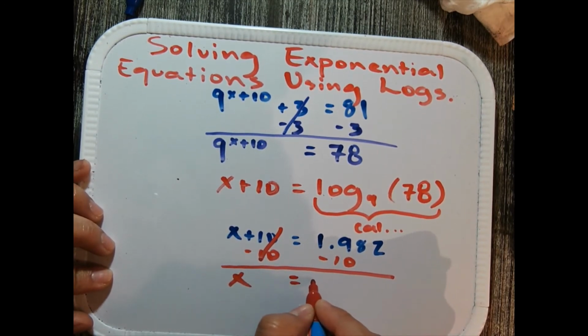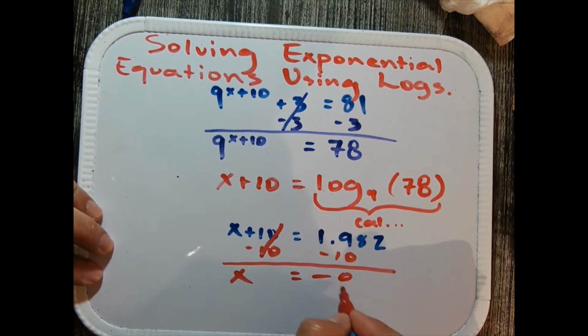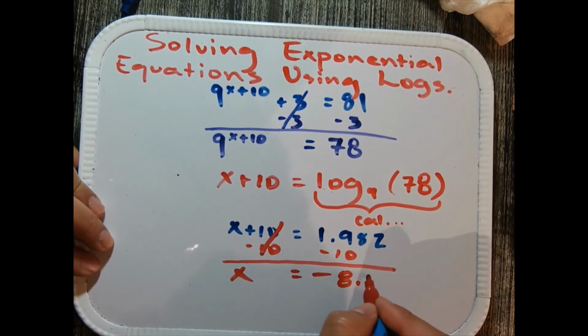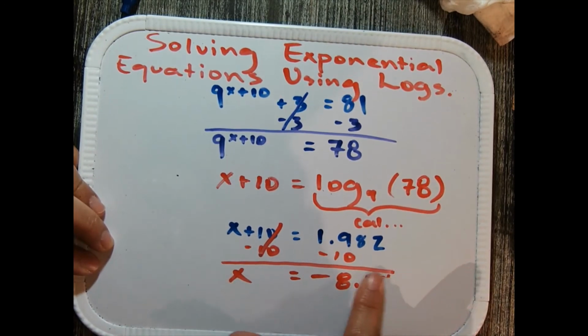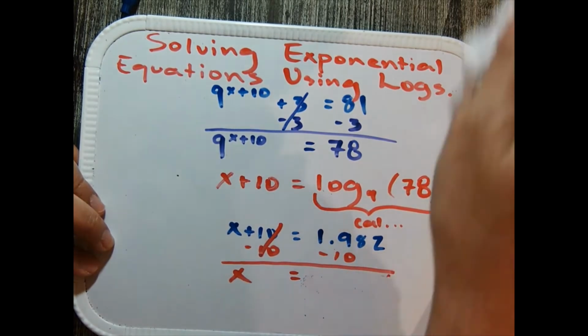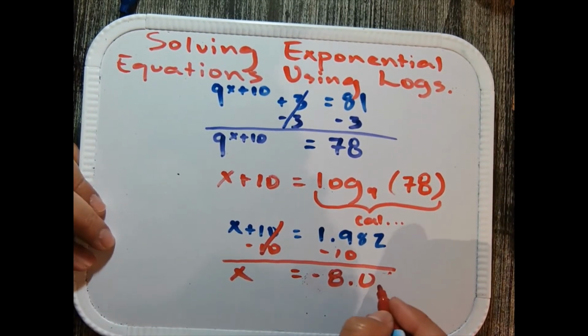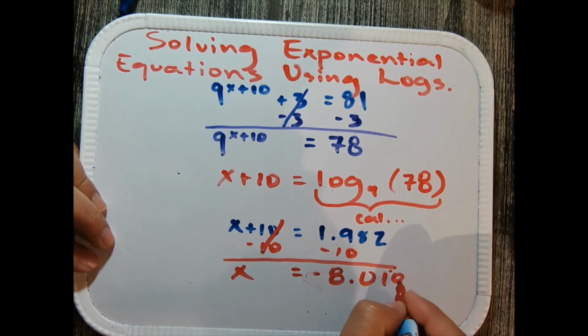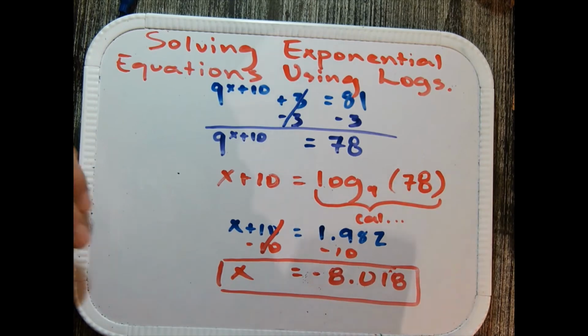This gives me negative 8.18. Oh, sorry. Nope. This gives me negative 8.018.